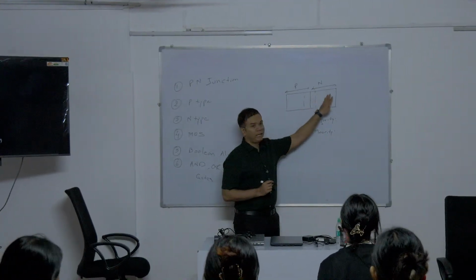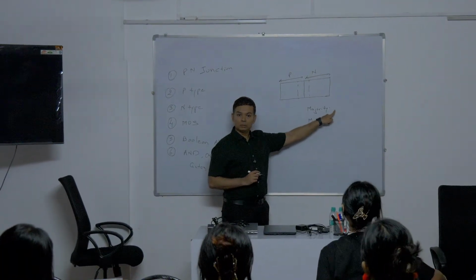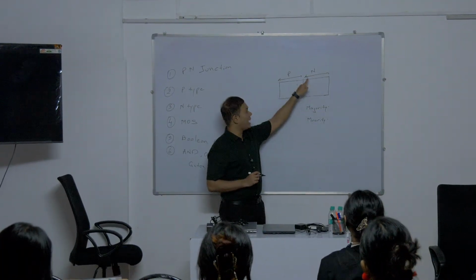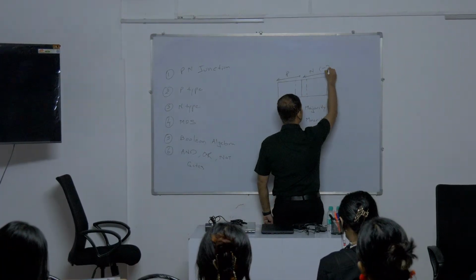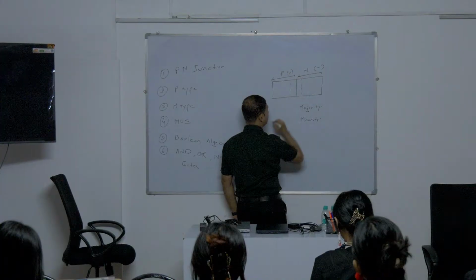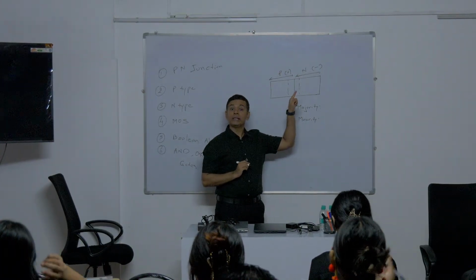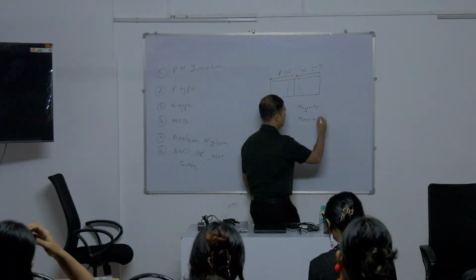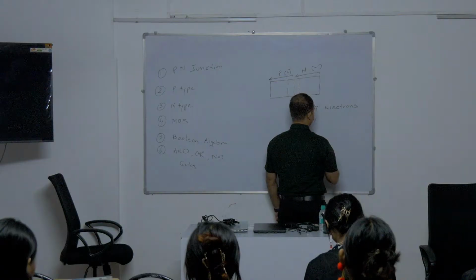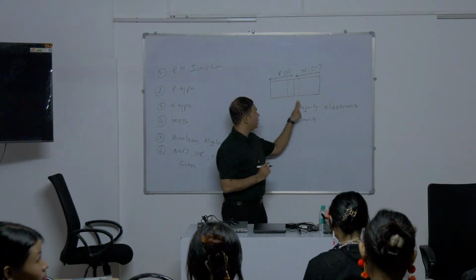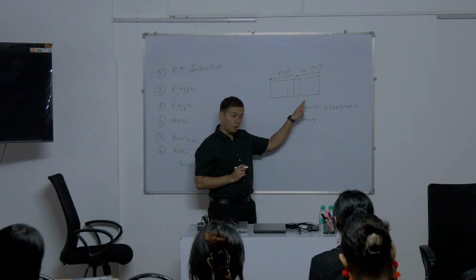Tell me that for the N-type semiconductor, the majority charge carriers are what? Electrons, right? Because N means negative, and P means positive. So negative is always due to electrons, right? And the minority charge carriers in the N-type will be what? They'll be holes.